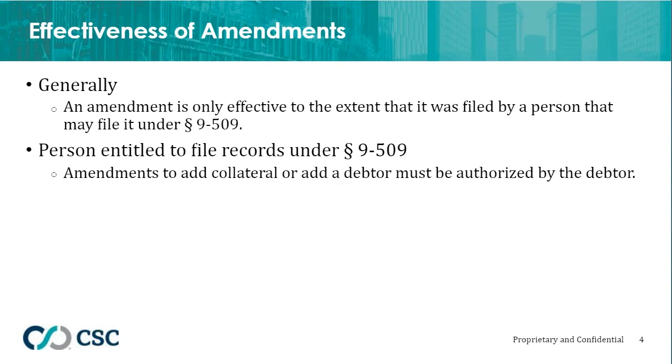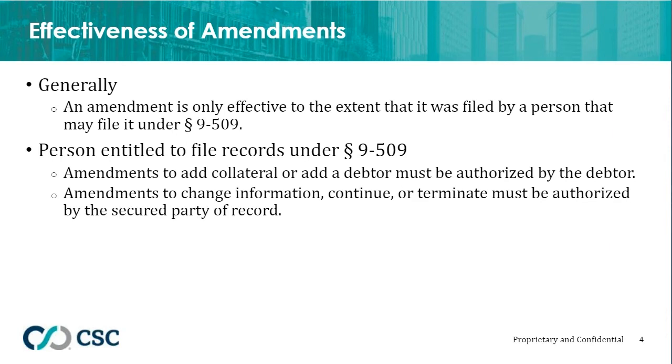Now, that authority isn't required to be indicated on the UCC3, but it does have to be authorized. Authorization always takes place outside the public record. It can't be proven from the record itself. Any other amendments, such as to change party information, change party address, continue, terminate, assign, all of these things must be authorized by the secured party of record.